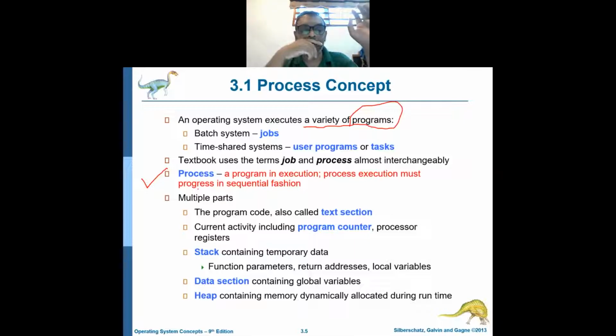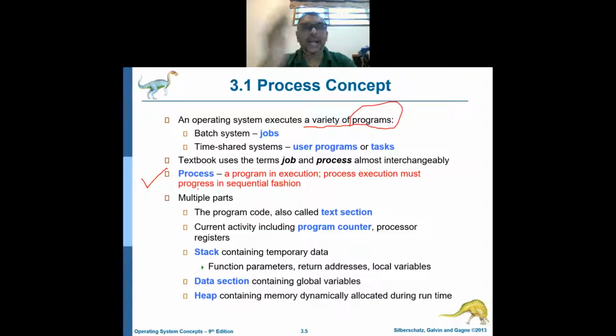Example, let's say you open your Microsoft Word, PowerPoint, or Excel. Before it appears on your screen, it goes through several states, one after another. But what you know is you just double click on it and it appears on your screen.